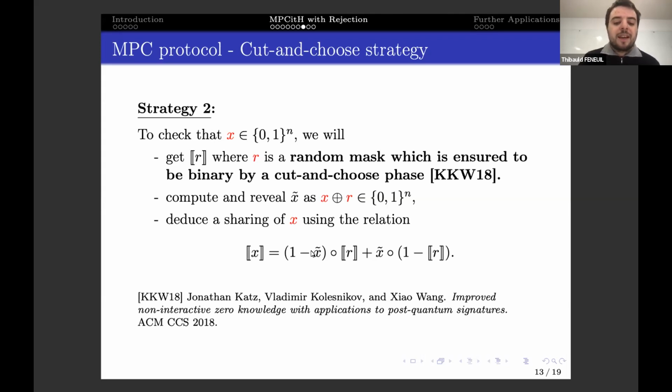Since we know that X tilde is binary and that R represents a binary vector, thanks to the cut-and-choose phase, we directly have that X is a binary vector.